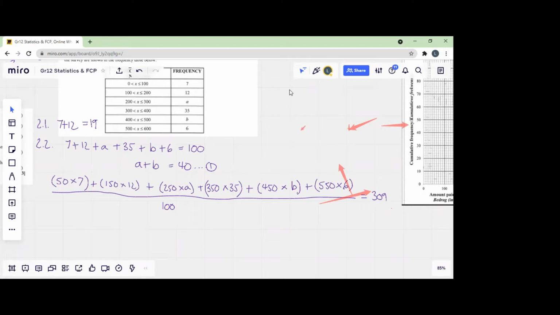Okay, anybody got an equation in terms of A and B that they're able to share with us? Not yet?